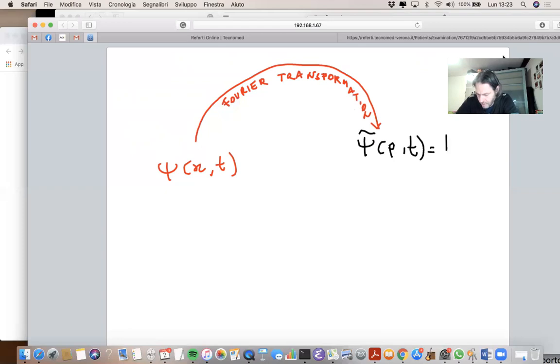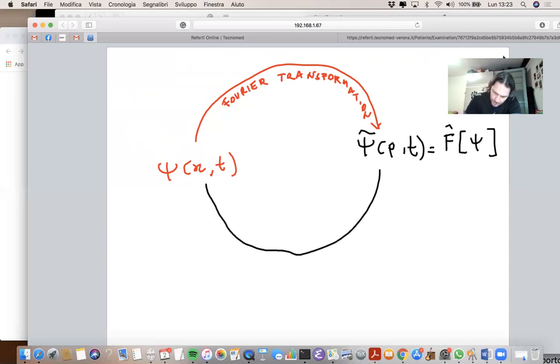Sometimes it's called the Fourier transform of psi. And I can go back from psi tilde to psi through an operation called inverse Fourier transformation.